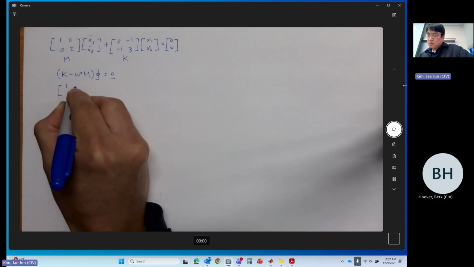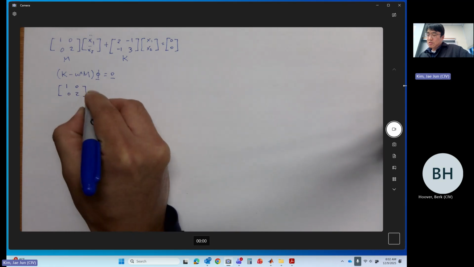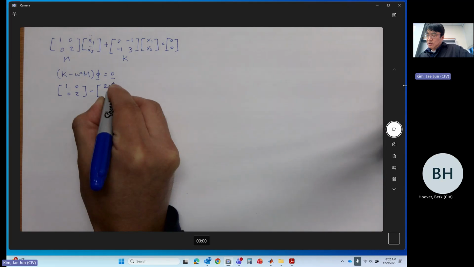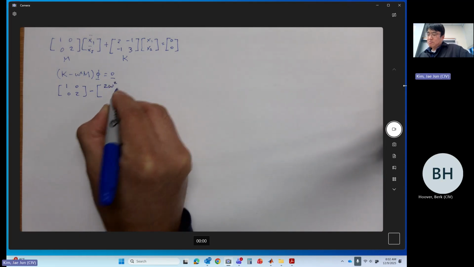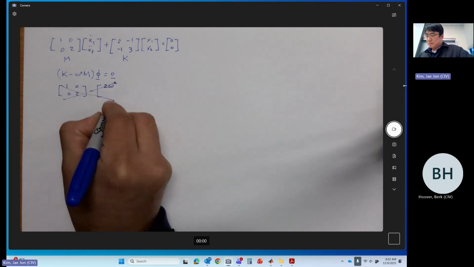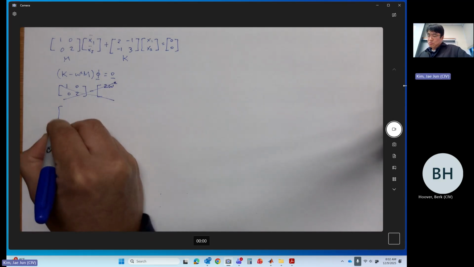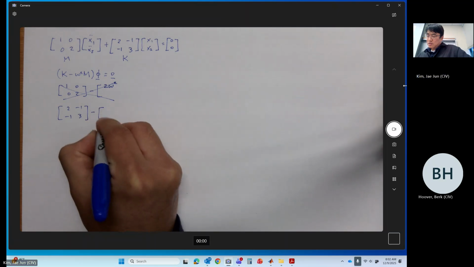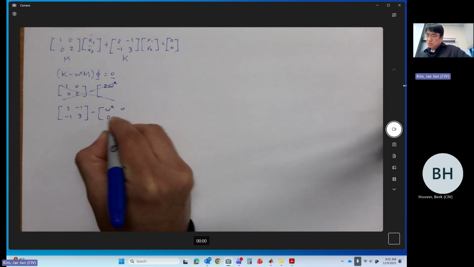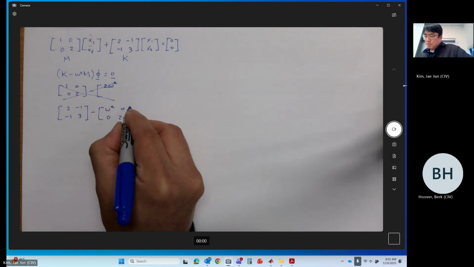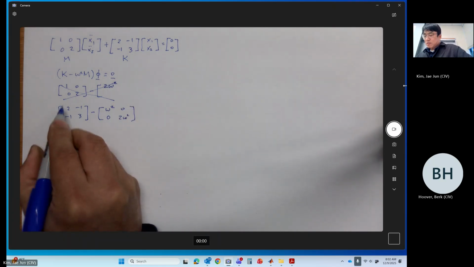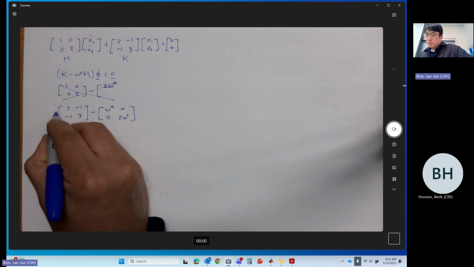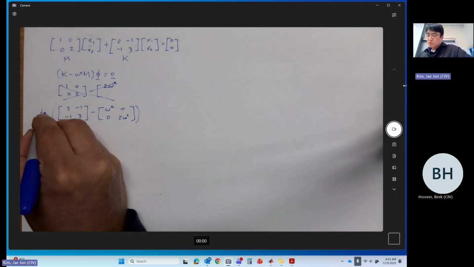So K is 2, minus 1, minus 1, 3, minus omega squared times M, which is 1, 0, 0, 2. Oh, nope, sorry. You know that this should be a singular matrix, meaning the determinant has to be 0.